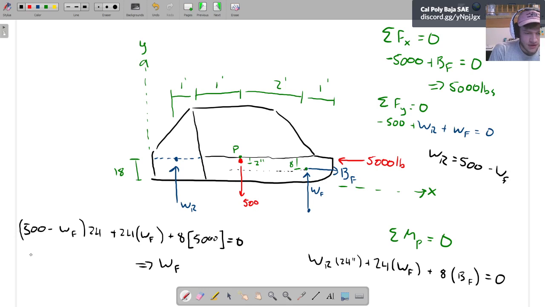If I expand this out, then I end up with, let's see, 24 times 500 is 12,000 pounds. I end up with 12,000 minus 24 times that force plus 24 times that force equals 8 times 5,000 equals 40,000. And these end up canceling out.